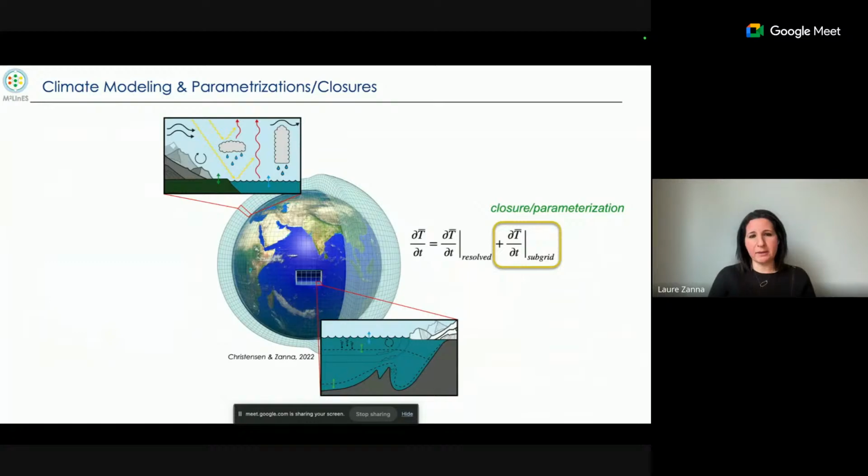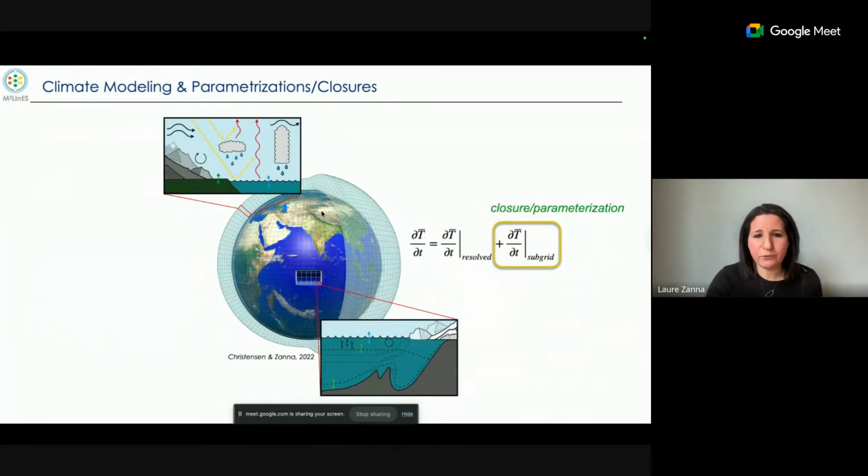Because I'm limited by the amount of compute that I have, when I discretize my equations of motion and my thermodynamics equation and so on, I'm going to be limited by the number of grid boxes that I have, right? So the compute is going to limit the resolution of the model, and that's going to limit the type of physics I can resolve in those models.